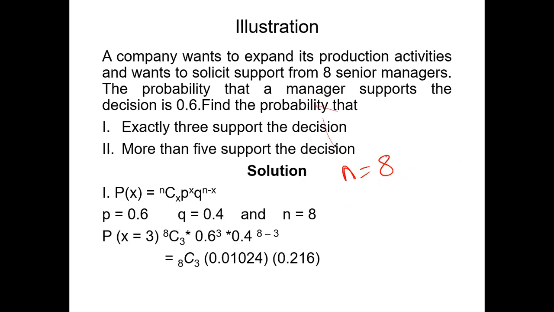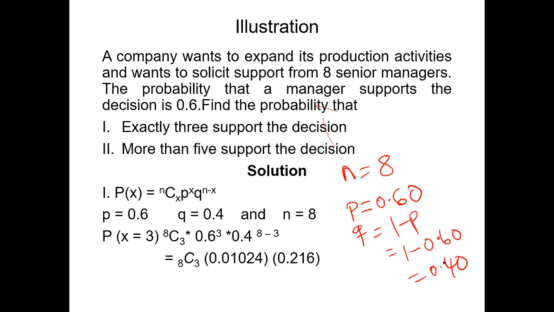Now, find the probability that exactly 3 support the decision. What the researcher wants to attain is to find out whether 3 support the decision. So, essentially, the probability of success, or P, will be equal to the probability that they support the decision, so that would be 0.60. Obviously, Q will be 1 minus P, which is 1 minus 0.60, and we will have 0.40.